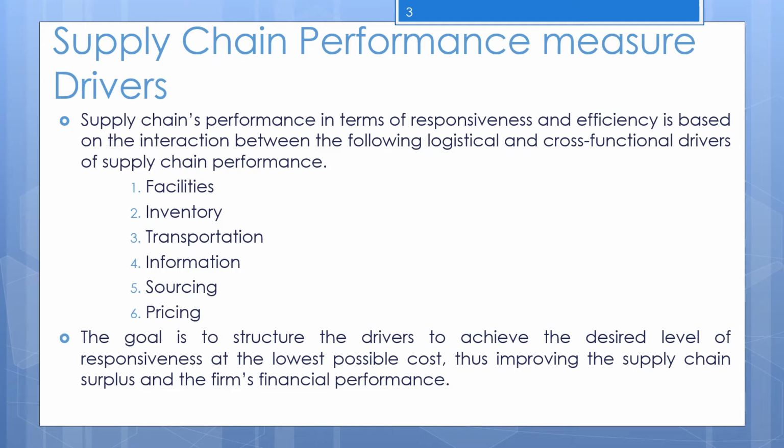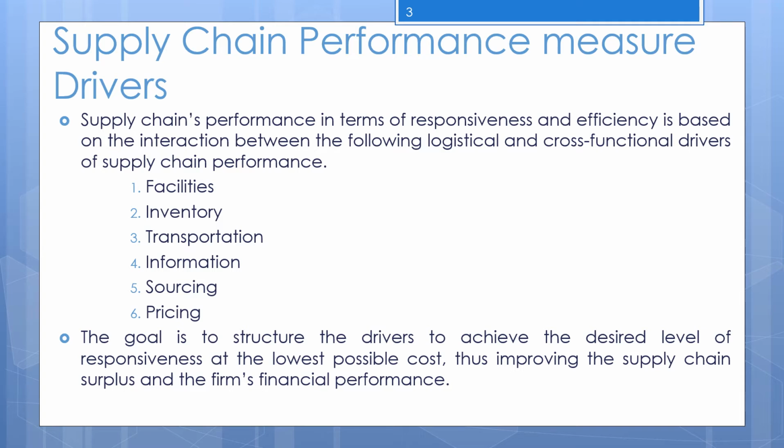Actual average flow or cycle time measures the average actual time taken for all units processed over a specified duration, such as a week or month. Then flow time efficiency, which is the ratio of theoretical flow time to actual average flow time. This is one of the metrics that influence supply chain performance.